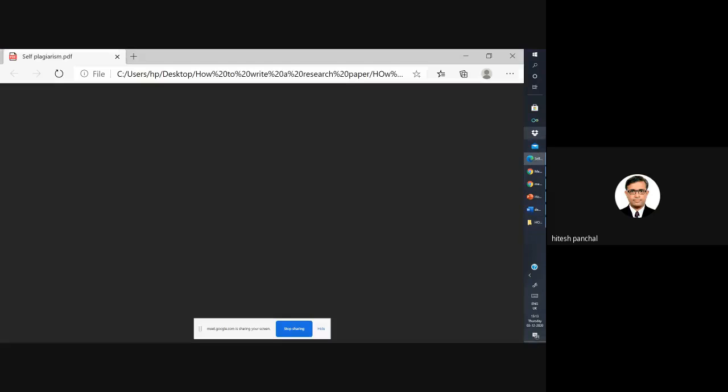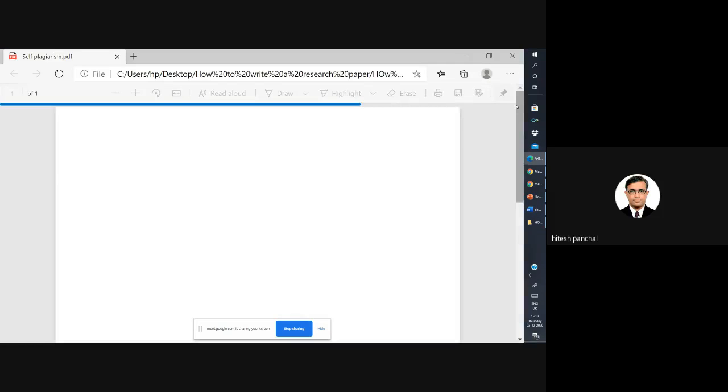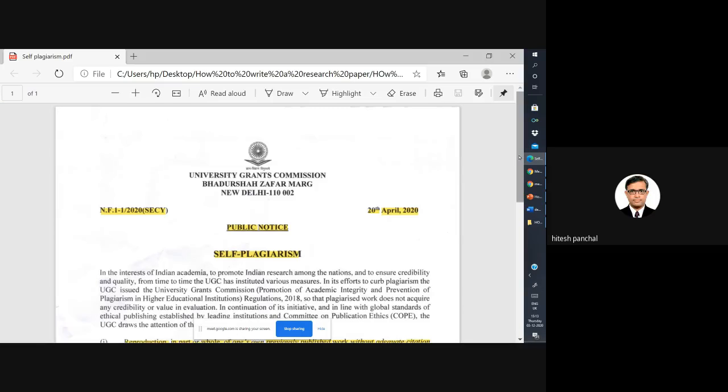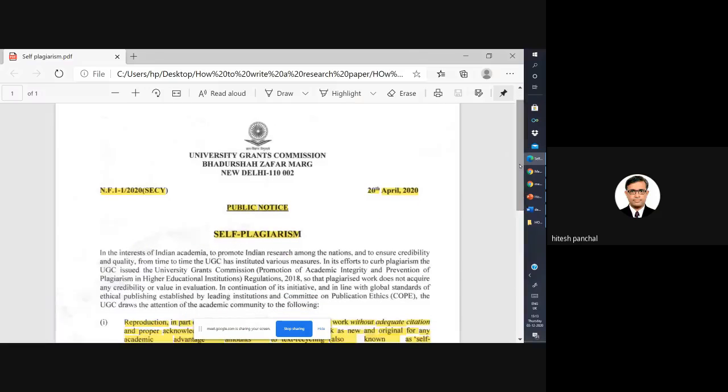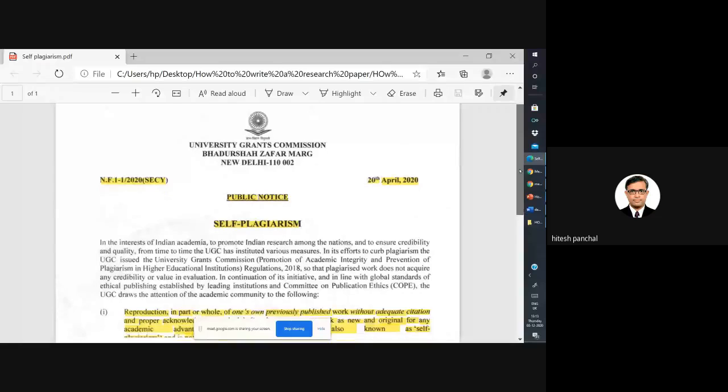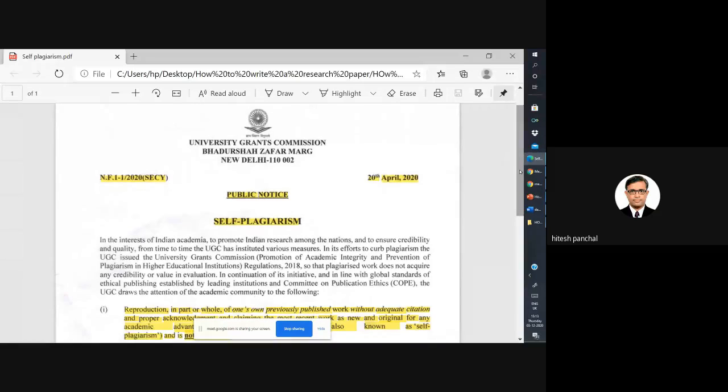Here in self-plagiarism, I will show you something. This is a circular by the University Grant Commission. I think it is visible to everybody. It was published on 20th April 2020.